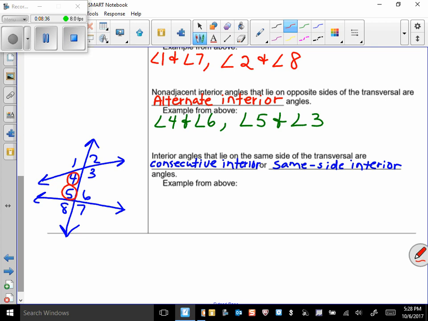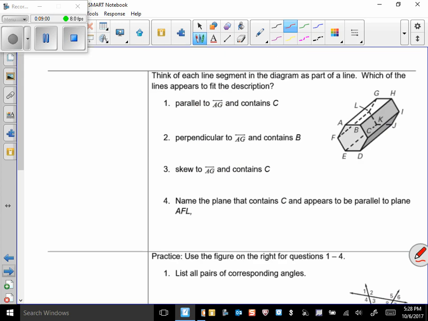That would be a pair, right? They're on the same side of the transversal, consecutive. So we'd have angle 4 and angle 5, and the other pair would be angle 3 and angle 6. Okay, so we got to get familiar with those different types of angle pairs created by two lines being cut by a transversal.